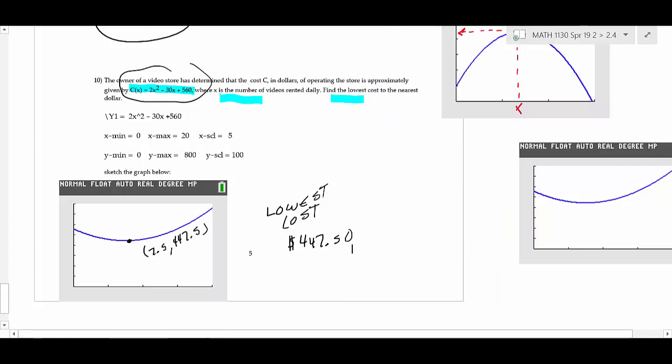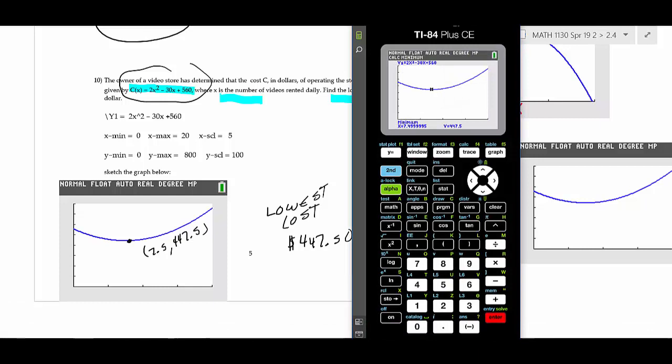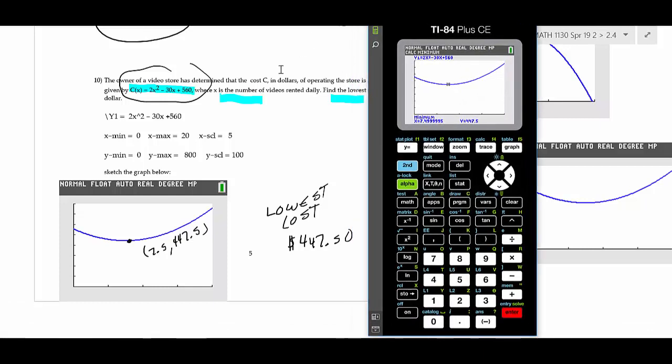I'm having a hard time zooming out. It's only letting me go to 10. You probably just need to reset the window. I'm going to see you during office hours also, or you can ask me right after class if you've got a minute and I can take a look at it. One of the things I tell students is to stay away from zoom in and zoom out and just set windows.